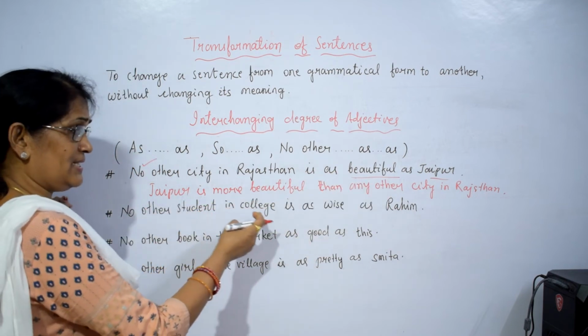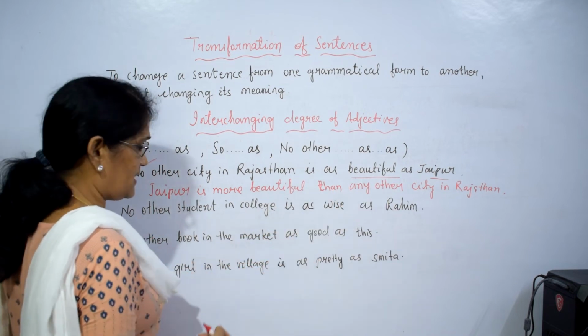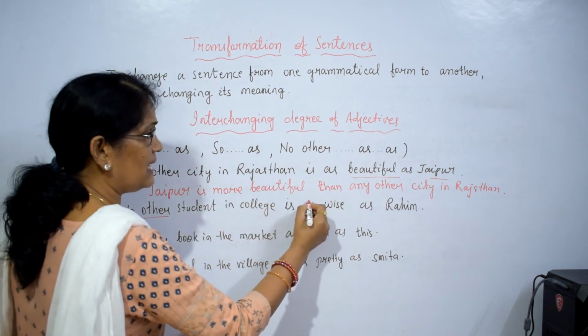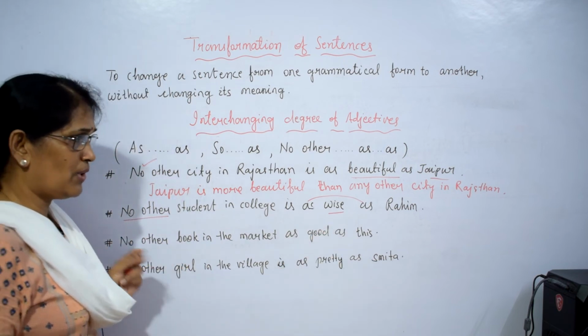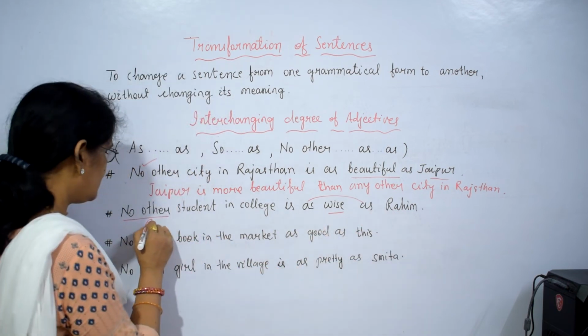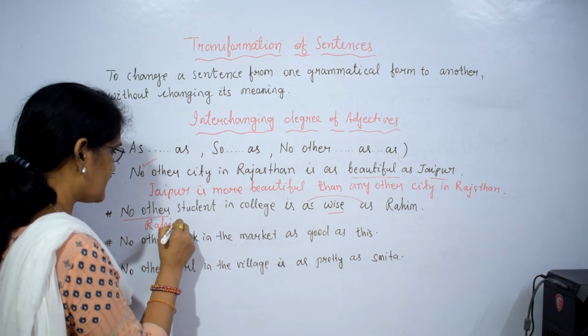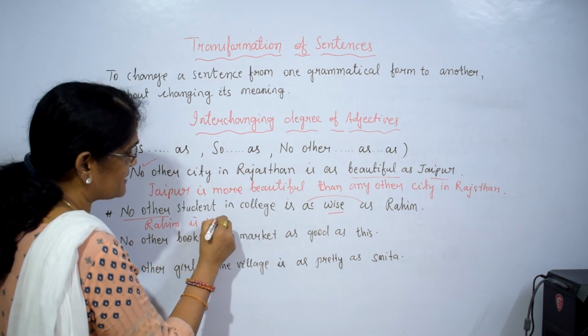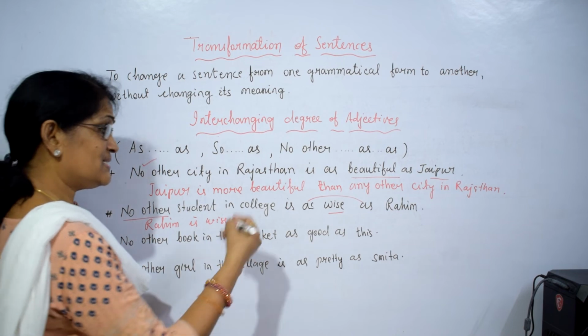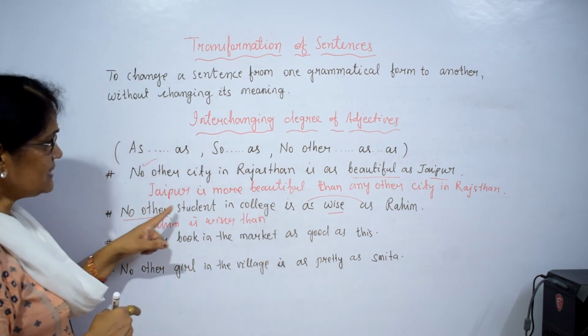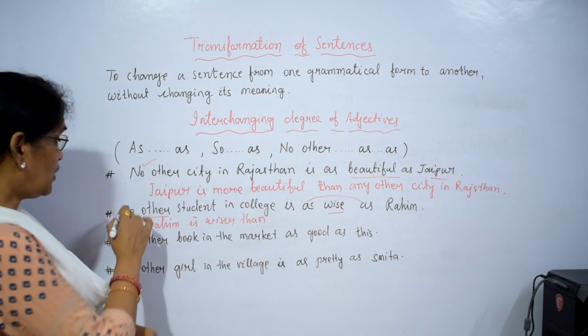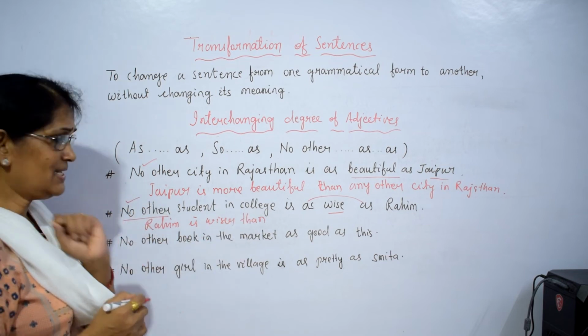No other student in college is as wise as Rahim. No other...as. Adjective wise, comparative degree wiser. So Rahim is wiser than any other student in college. Here no other is given, you have to write any other.